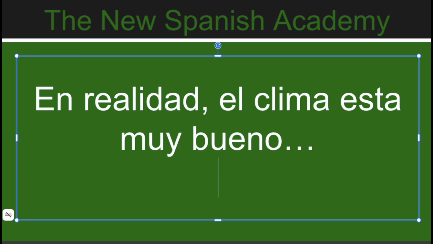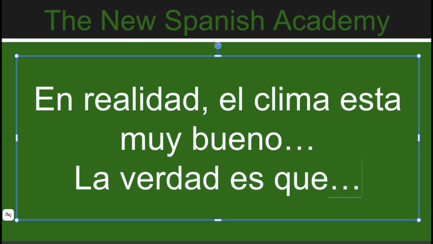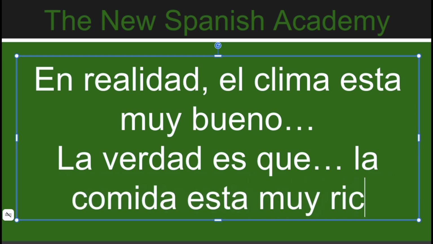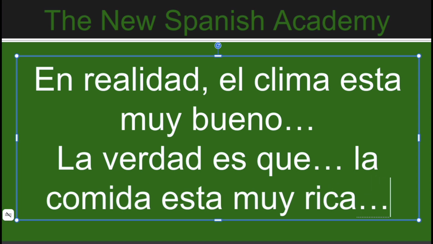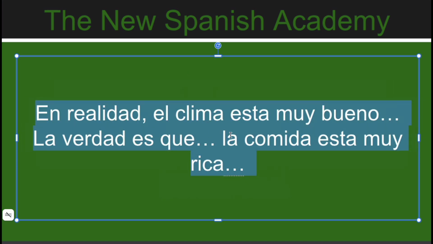But what you can also say, just came to my mind, is la verdad, which is the truth, es que, the truth is that la comida está muy rica. Muy rica. So the truth is that the food is very delicious. Right? All right, we'll make it smaller here.